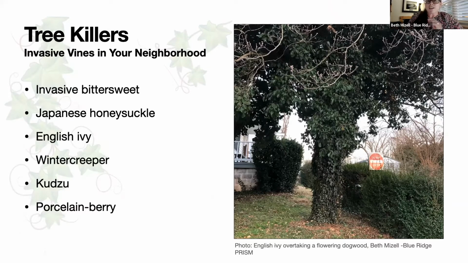So invasive species, in this case invasive plants and invasive vines, are unimpeded by things that keep them in check in their native region, like animals, insects, and fungi. These plants have no natural enemies here, and as a result, they dominate and outcompete native trees, shrubs, grasses, and other native plants by smothering them, by directly competing for nutrients, water, and sunlight, by altering the soil chemistry, or by stressing the trees by their sheer weight.